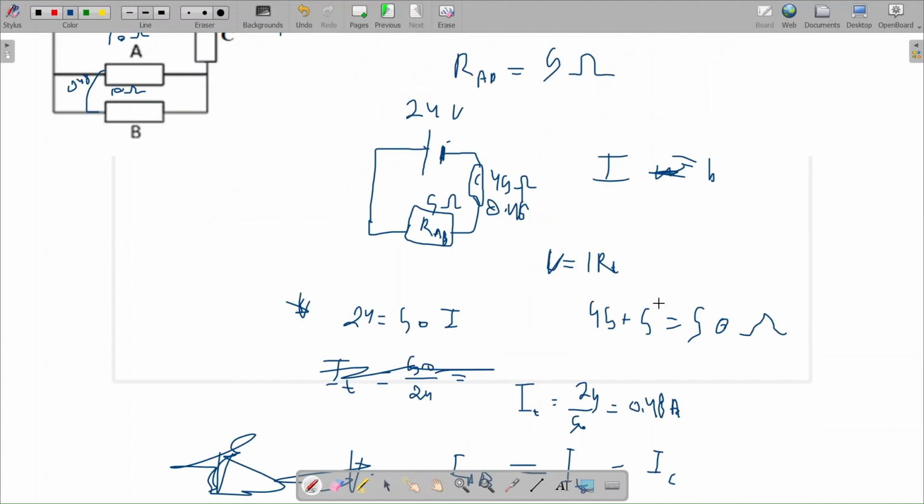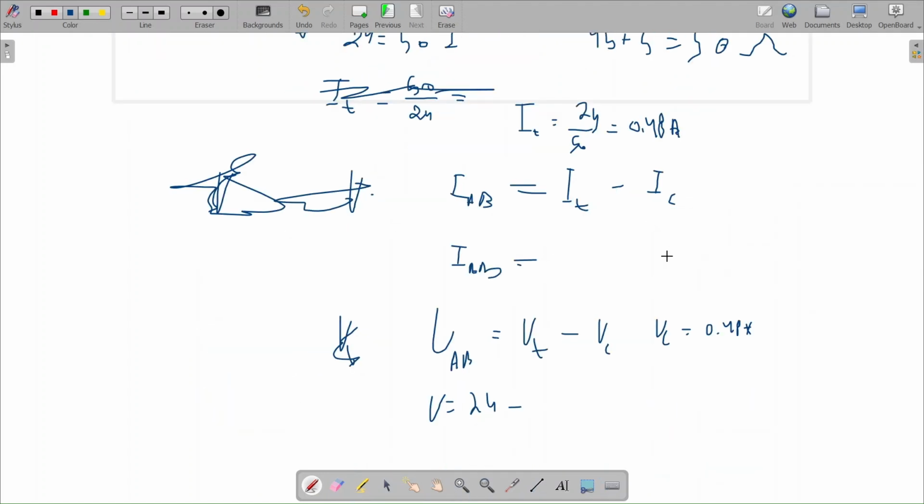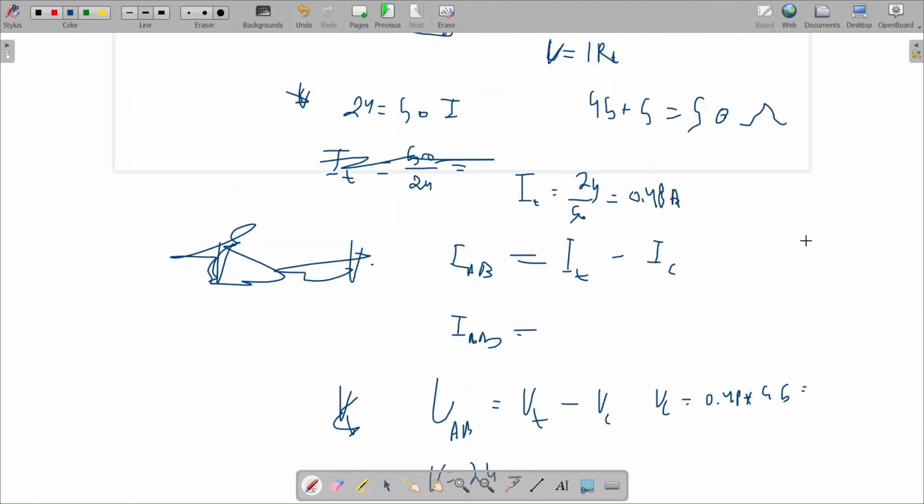V equals IR, and R is going to be with the C, so 0.48 times the resistance, which is 45. So 0.48 times 45 is gonna be 21.6.